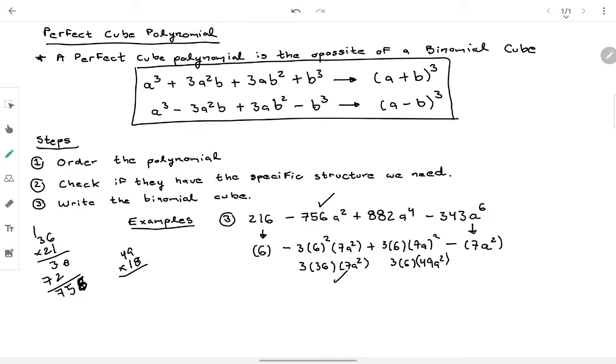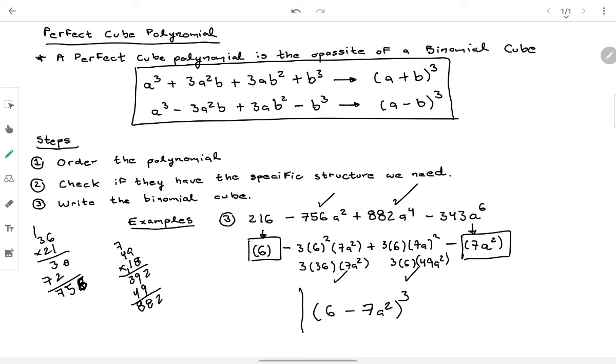So it's going to be 9 times 8, I'm sorry, it's 72, so it's going to be 2, 8, 8. So it's going to be 882. So it's okay. So it has a specific structure. We need to have a binomial cube. So our answer is going to be 6 minus 7a squared, all of it cubed. And that will be the answer.